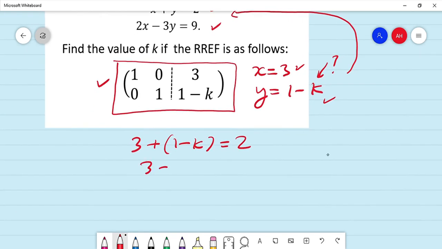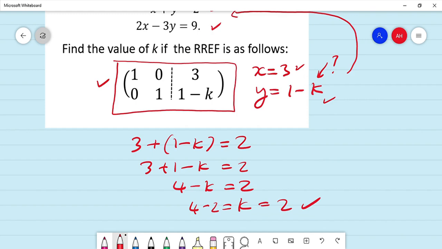Alright, so 3 plus 1 minus k equal to 2. We have 4 minus k equal to 2. K equal to 4 minus 2. Okay, therefore k equal to 2. Yes, from the first equation we get k equal to 2.